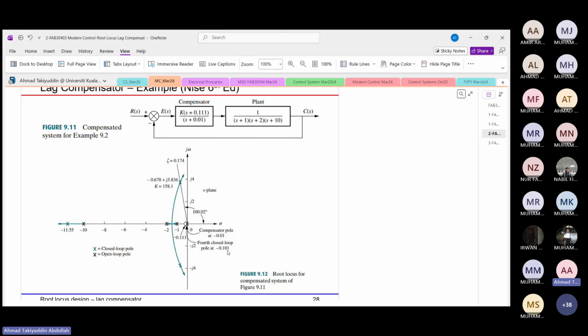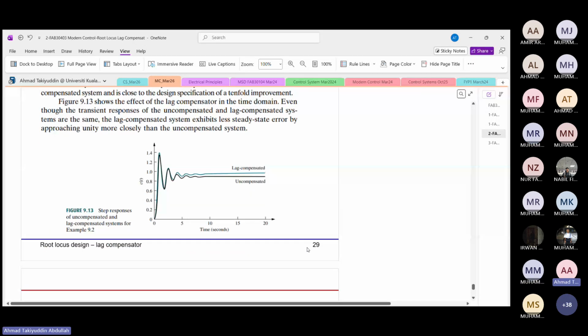For the solution here, you take PC equal to 0.01. Right, guys? Any question? Anything? Guys, do you have any question? None, sir. No, sir.